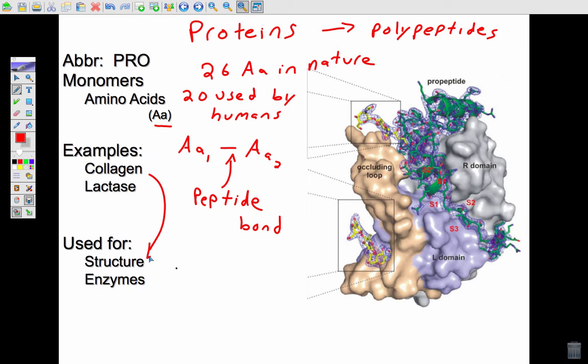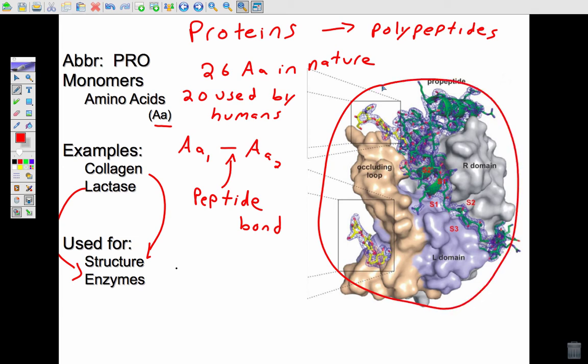Tendons have a lot of collagen in them to keep them strong. Another example is lactase, and lactase is a type of enzyme. So enzymes are made of proteins. This protein in this picture is just here to show you what a protein would look like. You don't have to memorize any part of that.